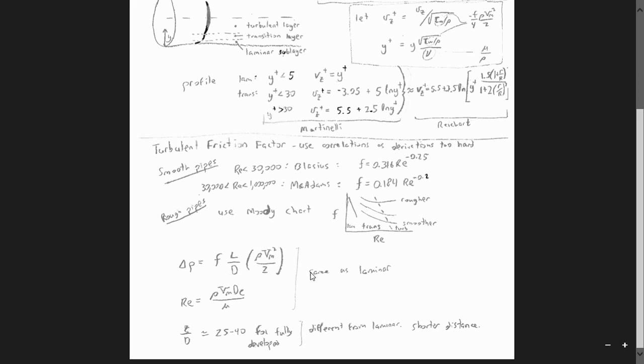So, as in laminar flow, our pressure drop is the friction factor times the length of the pipe over its diameter times the density times the average velocity squared over 2. No different in the turbulent case here. Our Reynolds number is defined in the same way. So the key difference here is finding the friction factor in the turbulent case in a different way than we did for the laminar case.